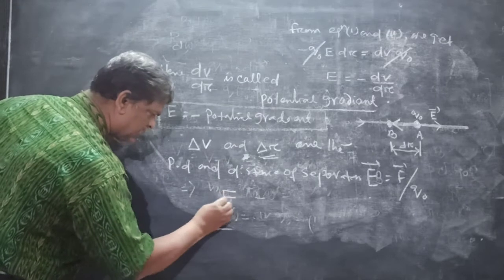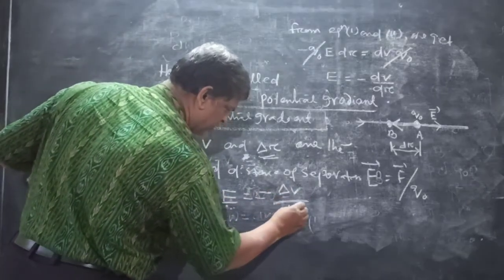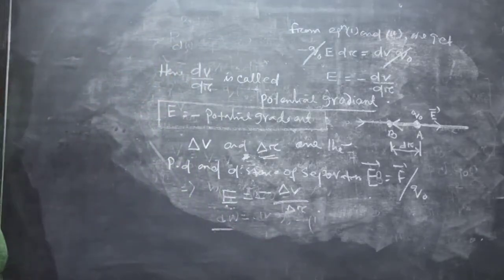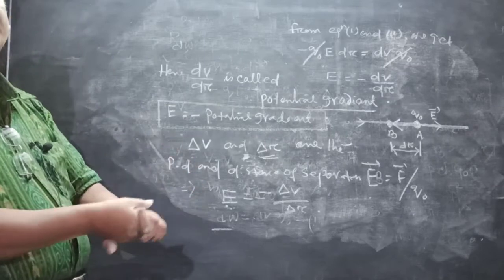Then we can write electric field is equal to minus delta V by delta R. So this is all about the relationship between the electric field intensity and the potential gradient.